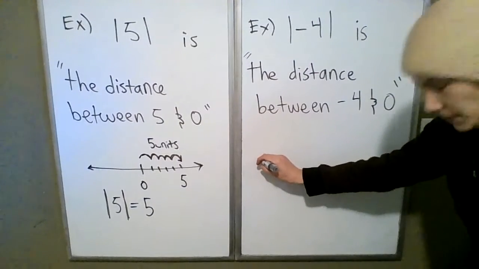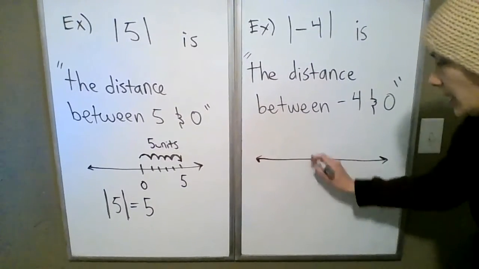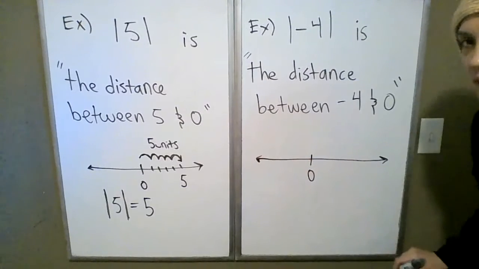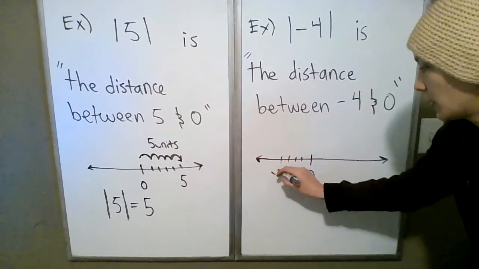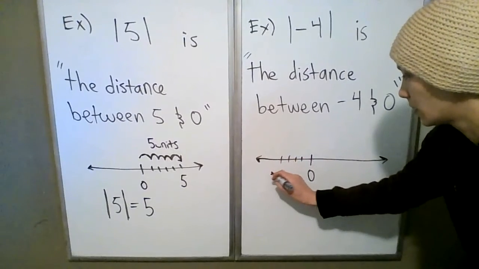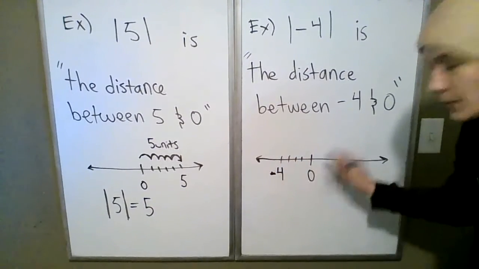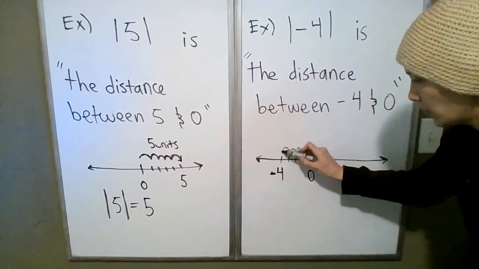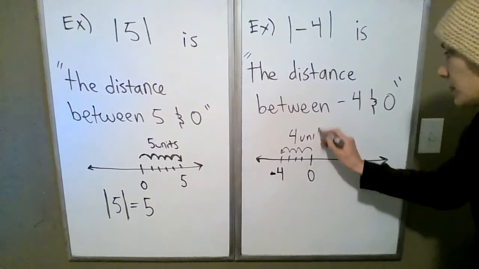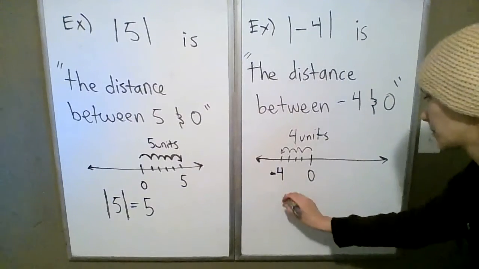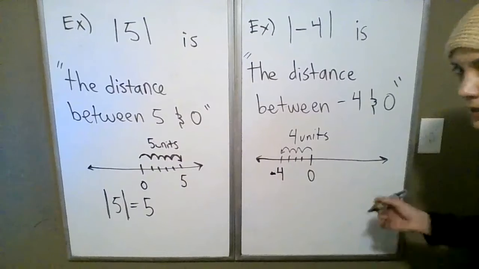So we've got our number line, and here's 0. And we're going to -4. How far is -4 from 0? It's 1, 2, 3, 4 spaces away. So the absolute value of -4 is equal to 4.